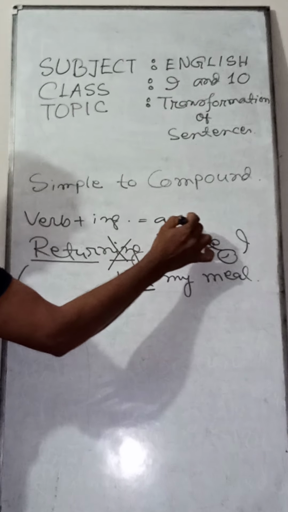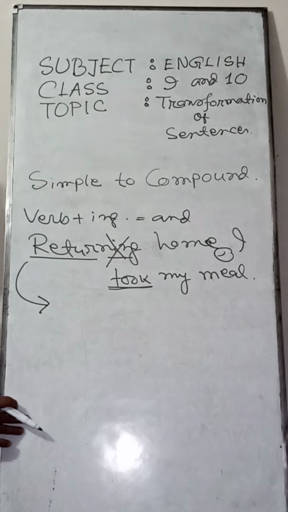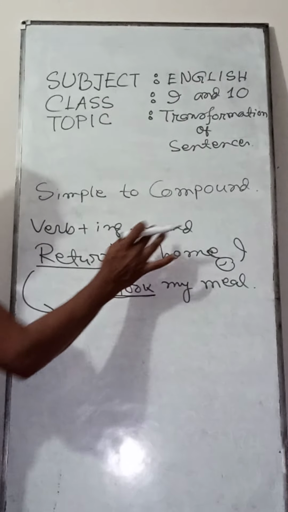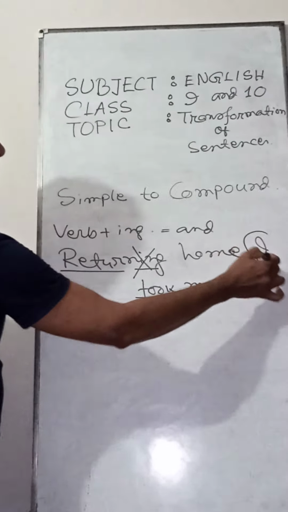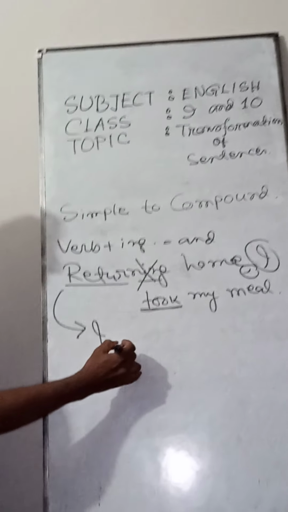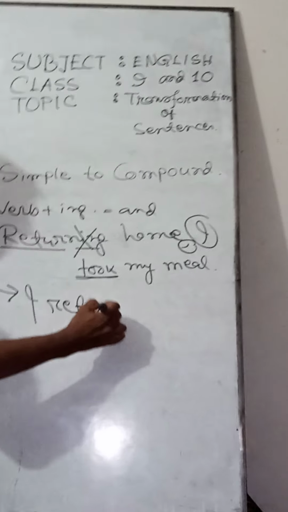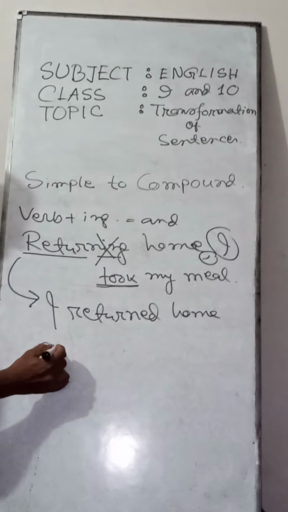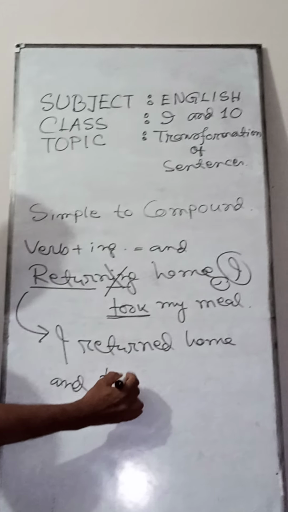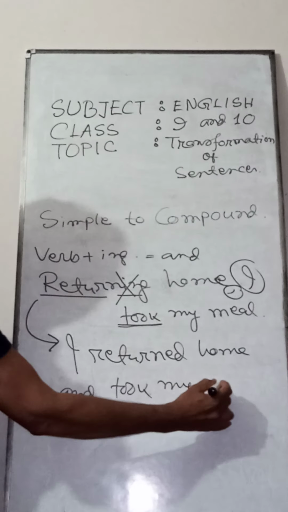You have to withdraw the ing, and you have to withdraw the comma. Now this sentence goes to past tense, because 'returning home I took my meal' is past tense. To transform this simple sentence to compound, you add 'and'. But you have to take the subject first: 'I returned home and took my meal.'